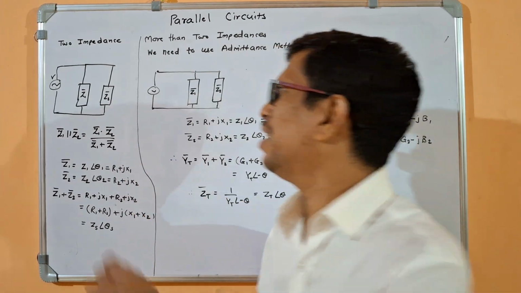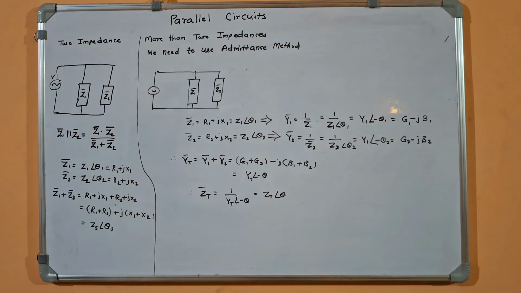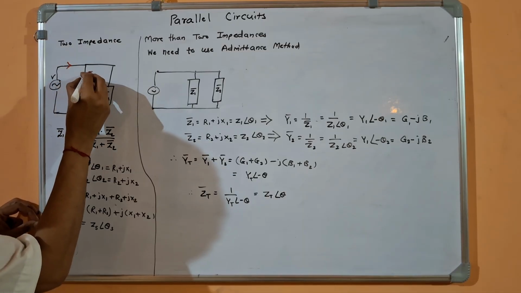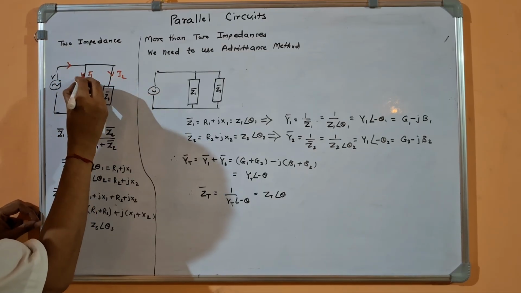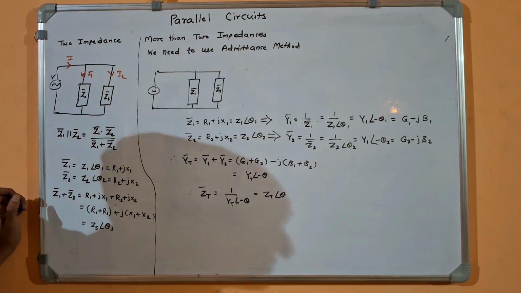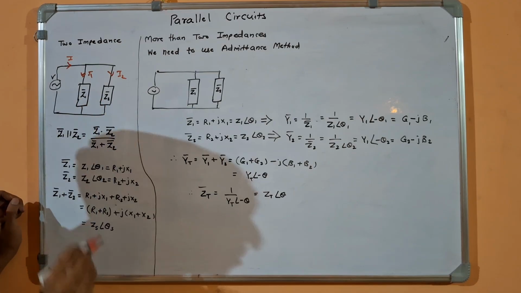Even you can find the current here by using the current division rule. If you know the total current I flowing here, I1 is going here, I2 is going here, you can find I1 as I into opposite branch impedance. So I into Z2 bar divided by Z1 bar plus Z2 bar.